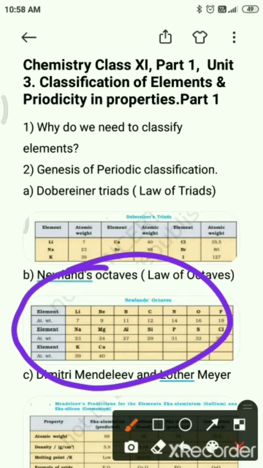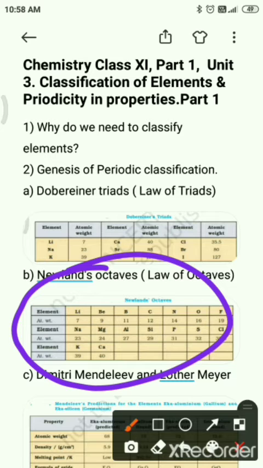Lithium atomic weight is 7. Beryllium is 9, boron is 11, carbon is 12, nitrogen is 14, oxygen is 16, fluorine is 19. It is in increasing order, having the same properties.